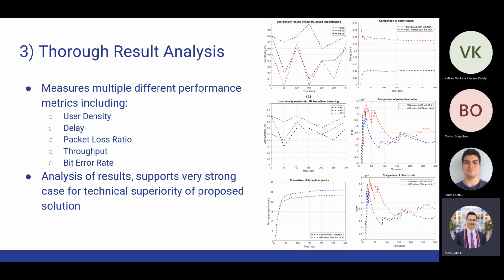So from the analysis of these results, you can find a very strong case that this model is superior to other models on the market, because usually you have some sort of trade-off between error and performance and speed. But in this case, it both improved the error rate and it improved the speed, which is a very strong argument for this paper.